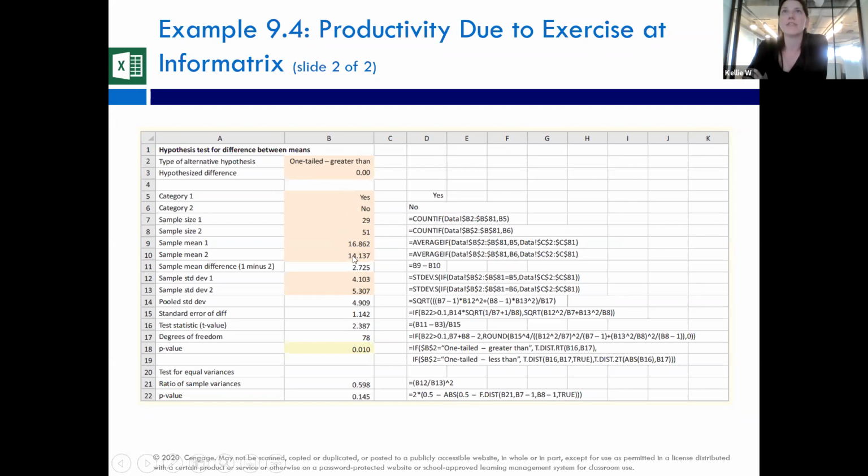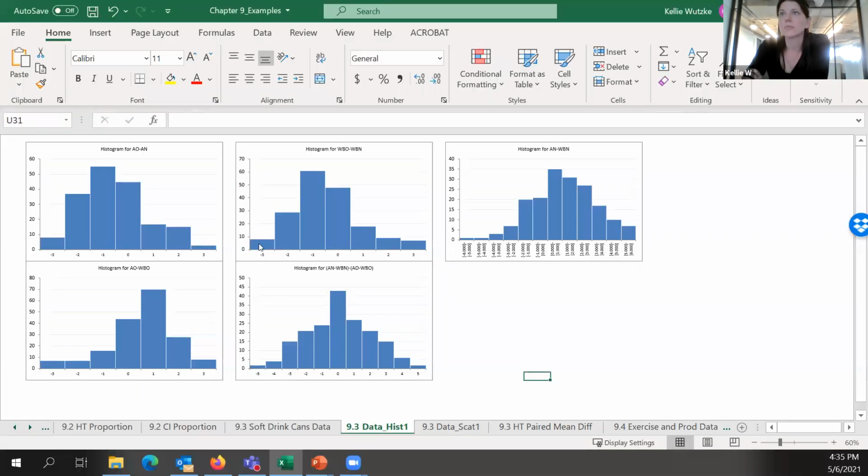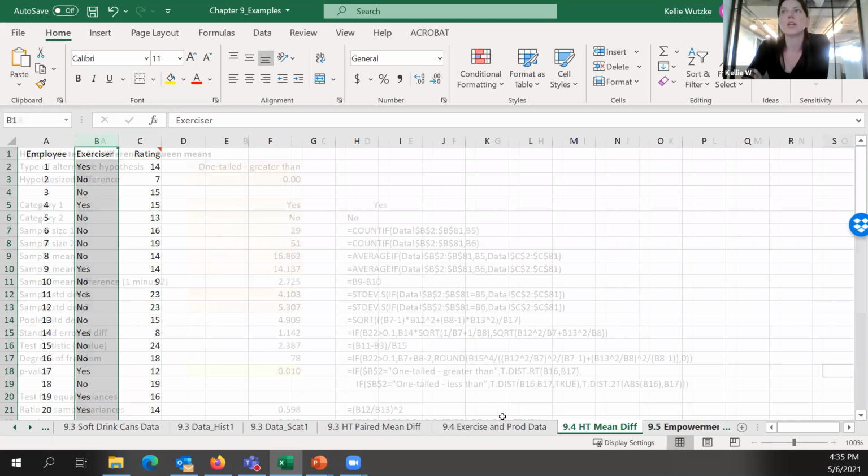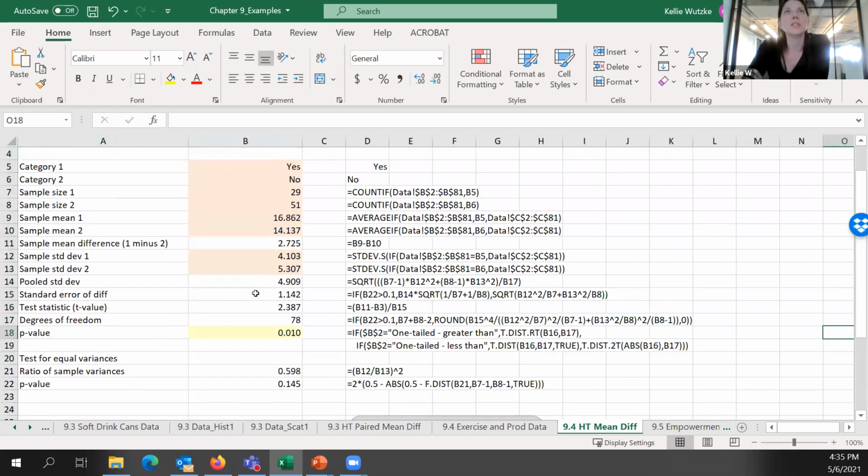And then in this case, if the criteria that they exercise equals no. So in our data for that spreadsheet, we're saying check column B. If it says yes, include it in the average for exercisers. If it says no, include it in the average for non-exercisers. So when we do that, we get our sample mean difference of 2.725. So it's not zero, but is it significant?